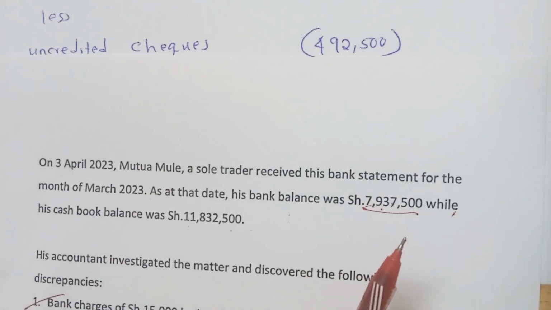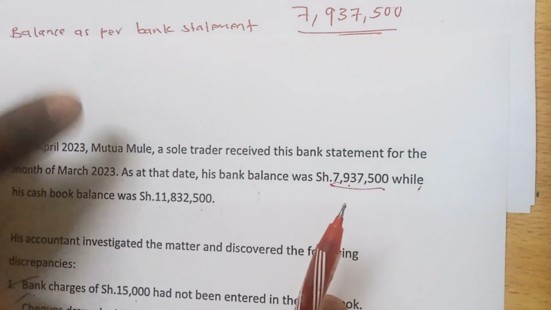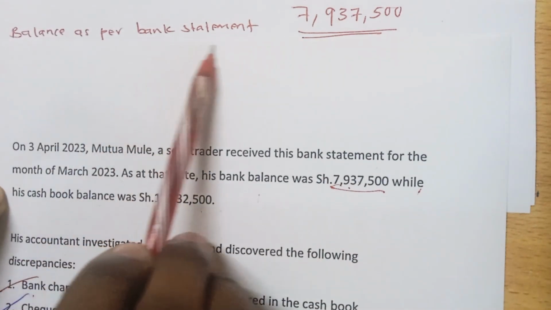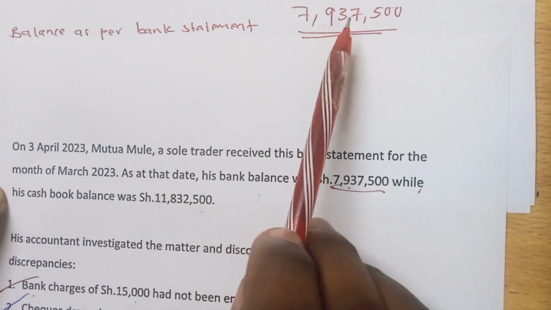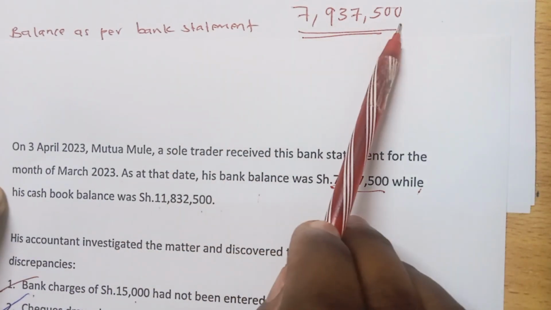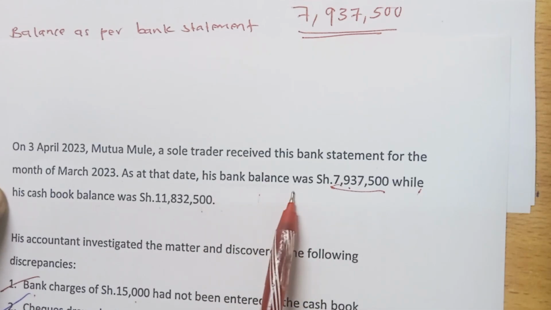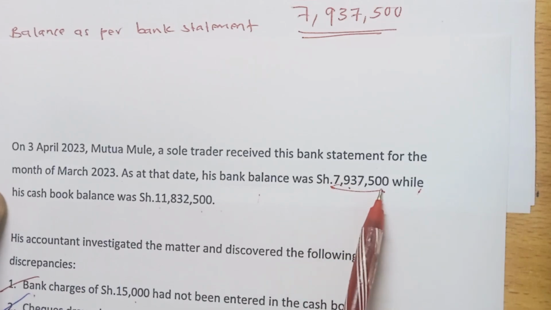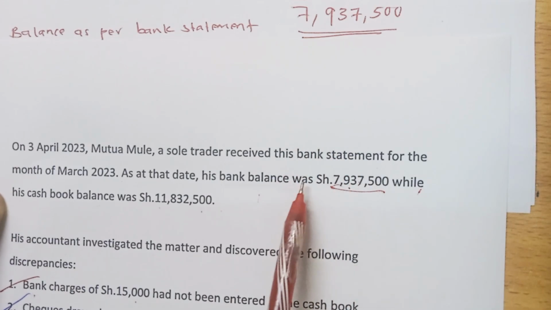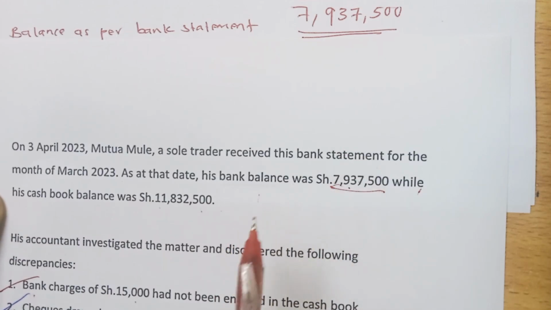The balance as per bank statement is 7,937,500, the same as the balance reflecting in his bank statement. With that, we are able to solve any question related to bank reconciliation statements.